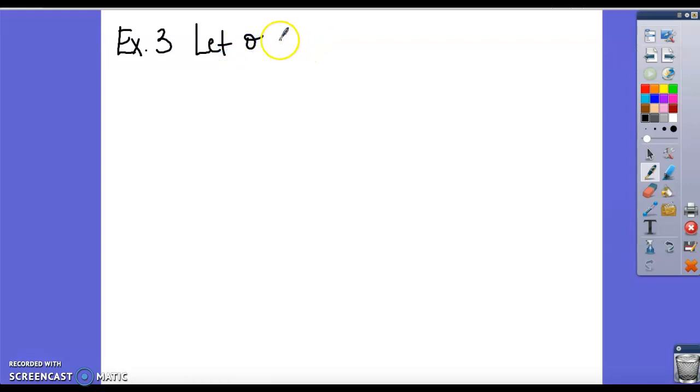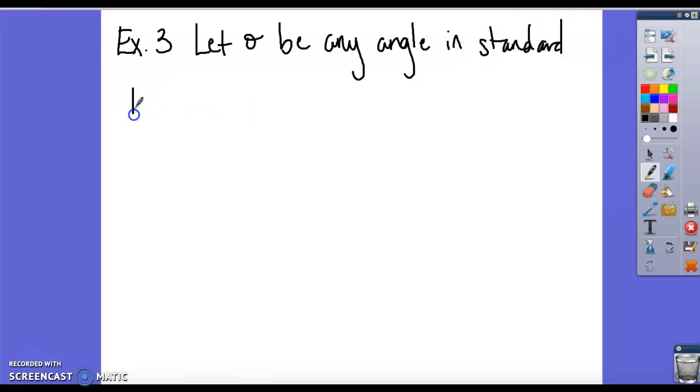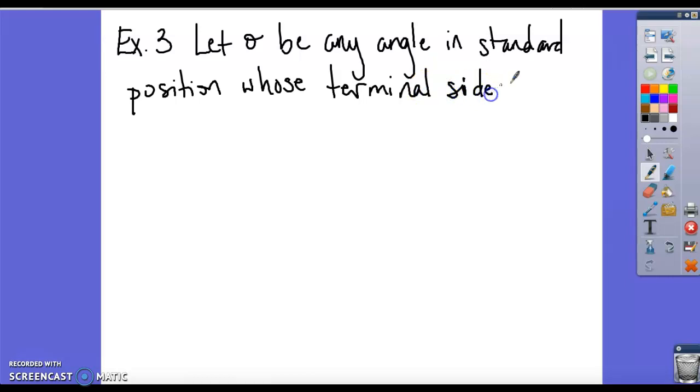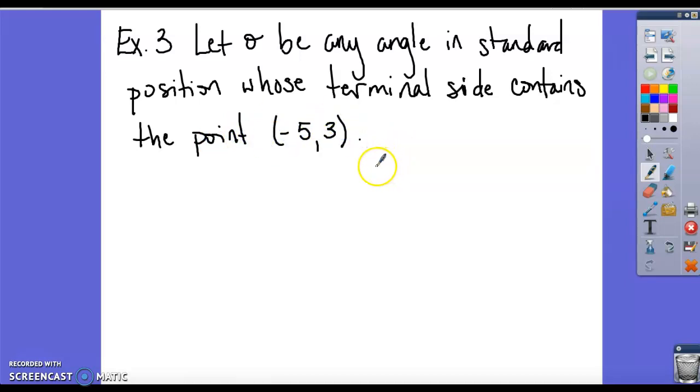Let theta be any angle in standard position whose terminal side contains the point (-5, 3).